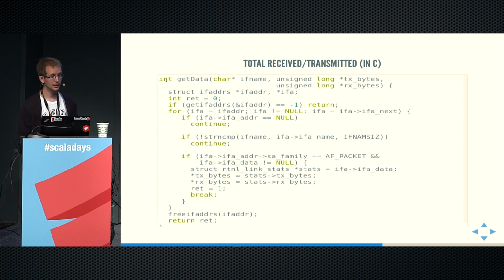So this is not really idiomatic Scala. And also we have lots of concerns inside the same function. At the same time, we are making sure that we free and allocate memory, trying to find interfaces, walk them, and so on. So it's much better to have a modular implementation for this.